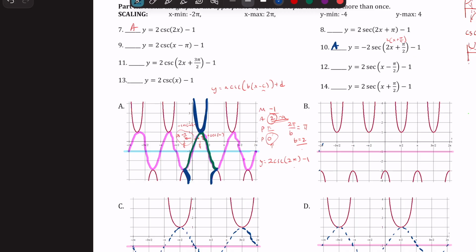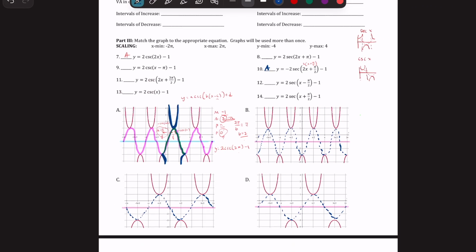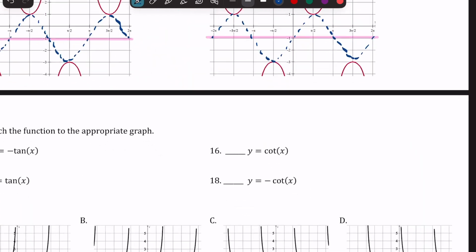It should start here. Oh, it should start there. Come up, come down, come up, come down, come up, come down, go up, come down. Ta-da! There it is. Cool.